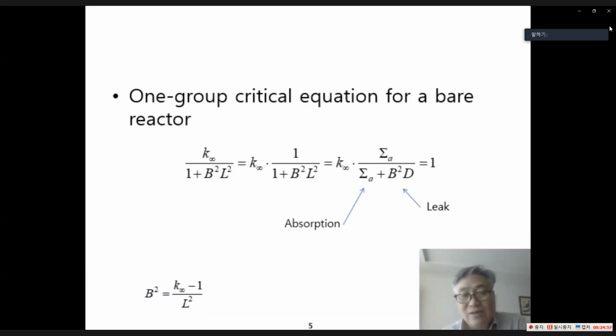So you have to be ready yourself for the next lecture. Okay, so I ask you to be familiar with the equation, practice the example, and guess what?